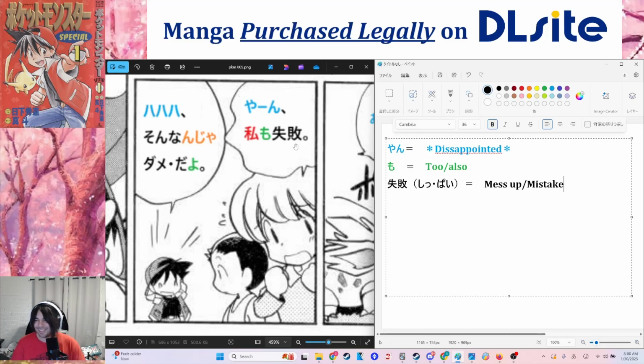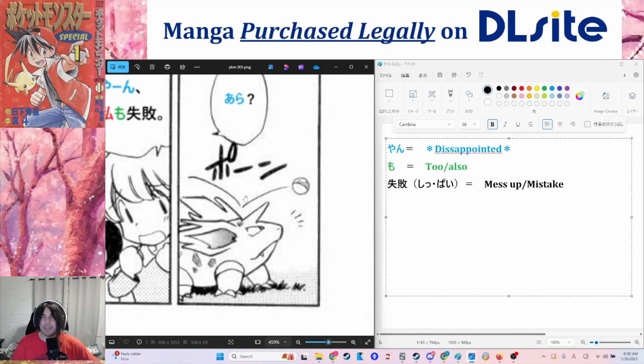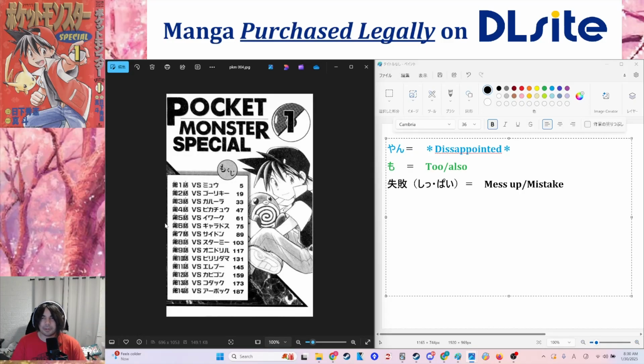But again, I don't want to have to go into another PSA here. You need to take into consideration that the mistake she is talking about is something that happened in a previous panel. Carry the context with you. These are not example sentences that you just translate one right after another and then forget about.